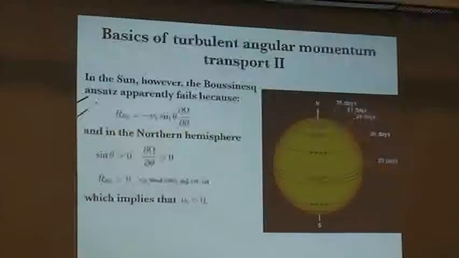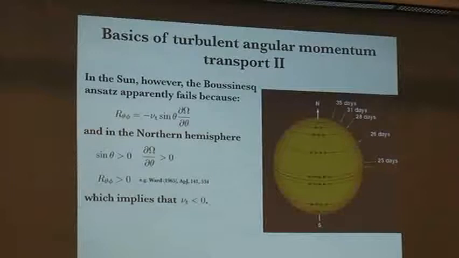Okay, so in the sun, of course, if we look at the northern hemisphere, we know that sine is positive, and then observations of surface tracers tell us that also the latitudinal gradient of omega is positive. But then, if we look at sunspot statistics, then we can also derive independently the Reynolds stress.